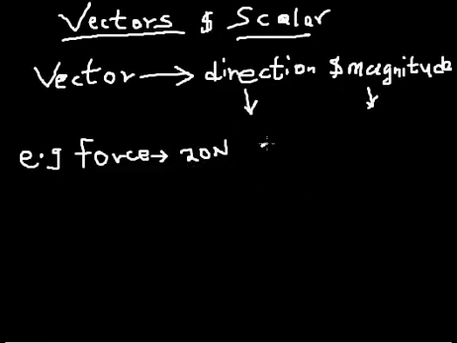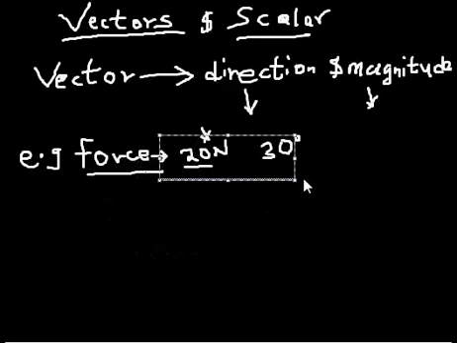Is it acting at an angle of 30 degrees to the horizontal? Because the direction in which this force is acting will definitely affect its resultant magnitude in a particular direction. So please take note. Force is one example of a vector quantity.